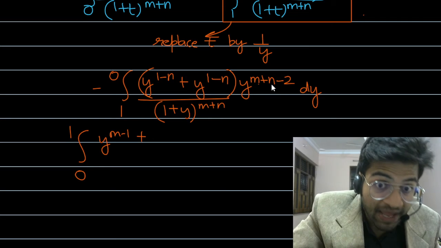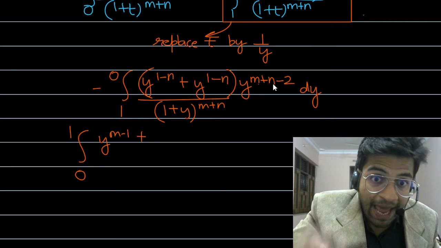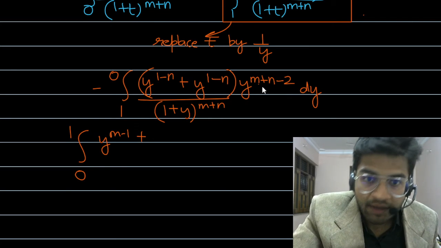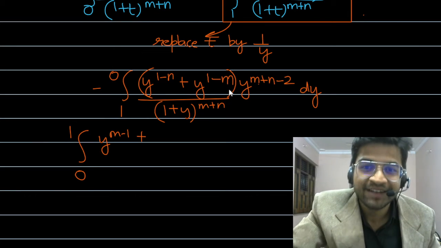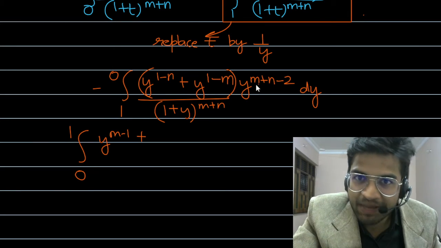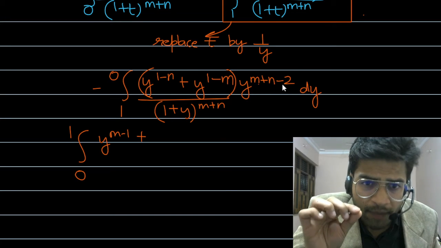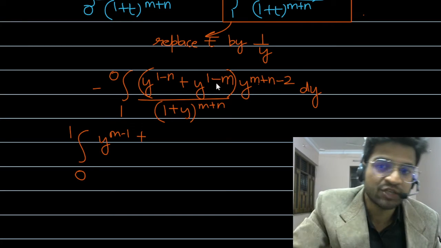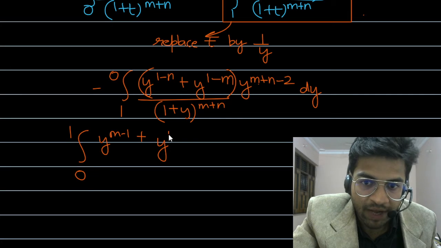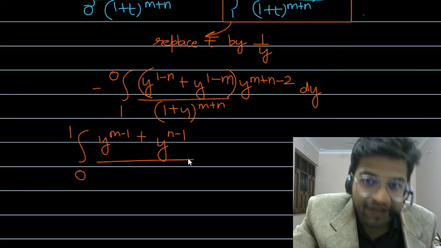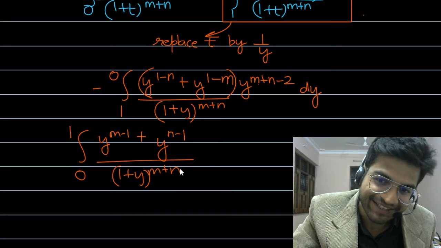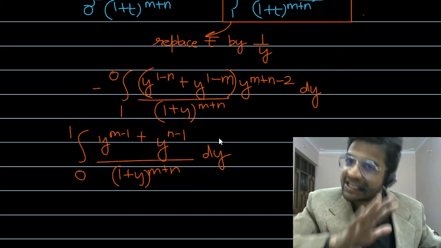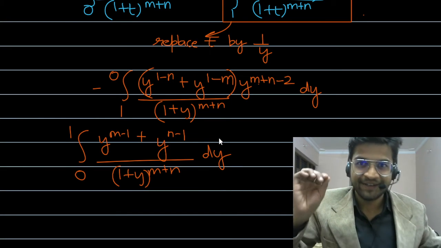The powers will add up, 1 minus m plus m gets eliminated, n minus 2 plus 1 will be n minus 1, so y to the power n minus 1, and in denominator we have the term 1 plus y to the power m plus n, and there is this dy, and the variable does not matter.